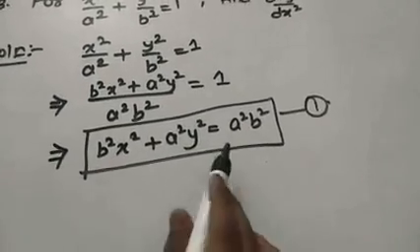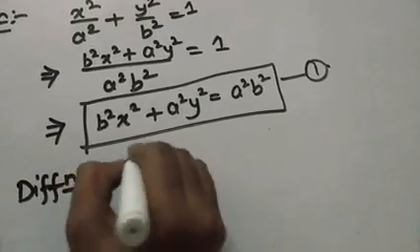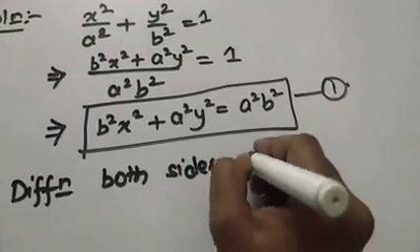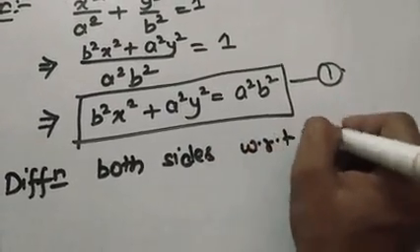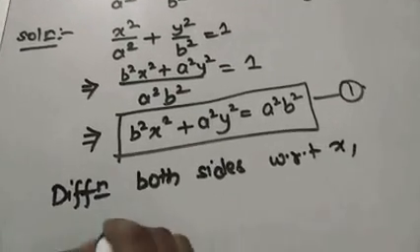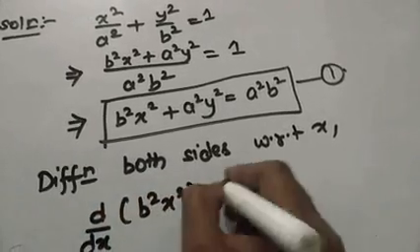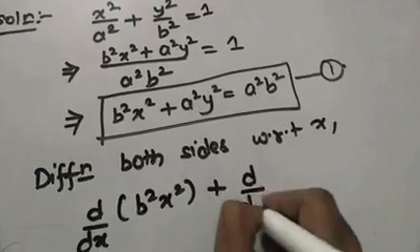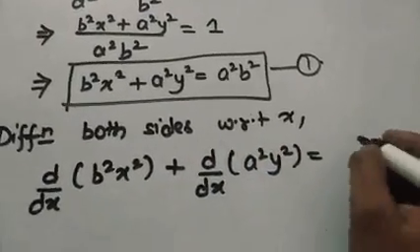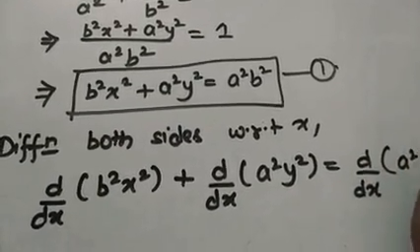Now we'll differentiate this expression, differentiating both sides with respect to x. Okay. Now differentiating this, that is d dx of b square x square, d dx of a square y square, d dx of a square b square.